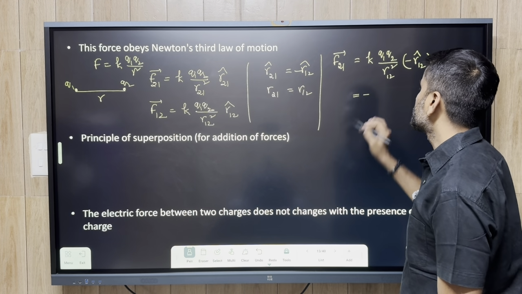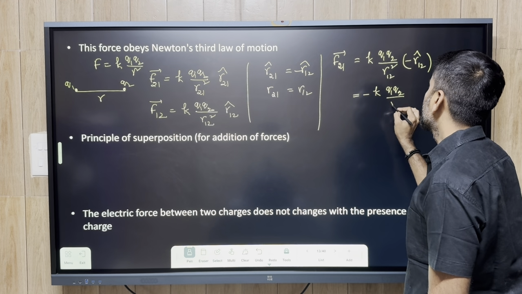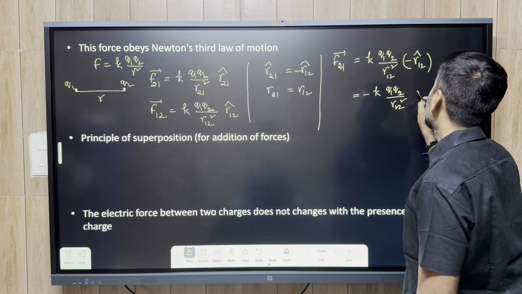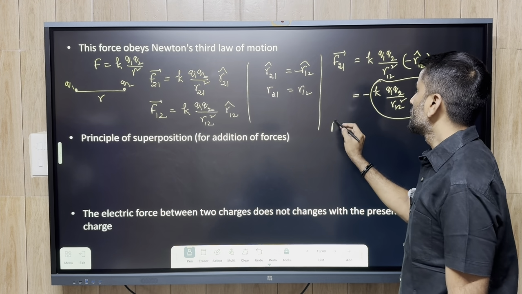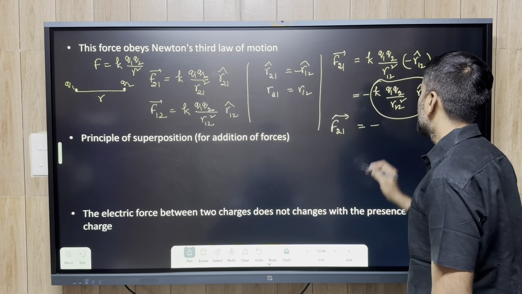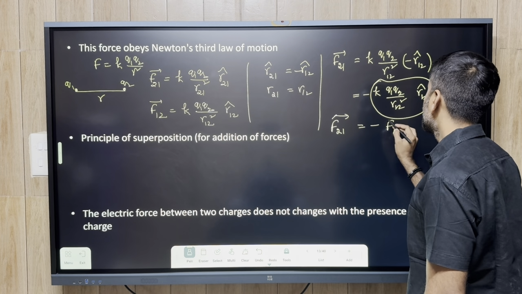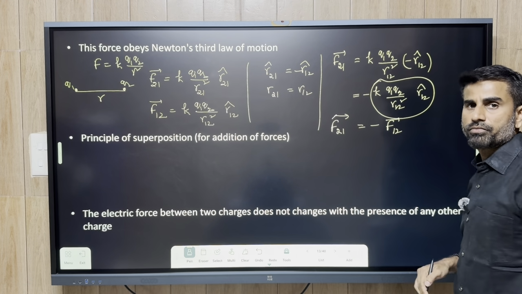Once I take this negative sign out, I am getting k Q1 Q2 upon R12 square R12 unit vector. I know this entire thing: what is it? It is F12 vector. So F21 is equal to minus F12.